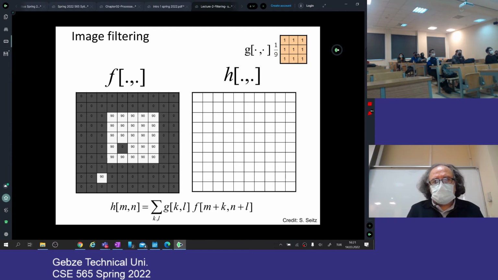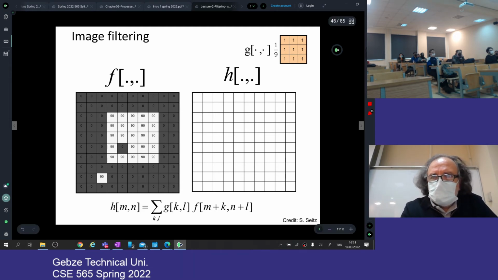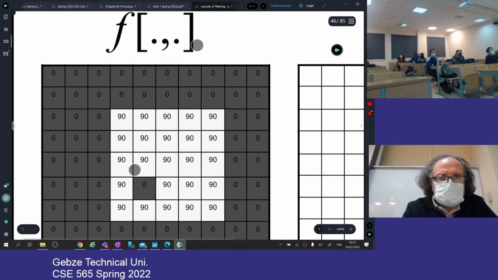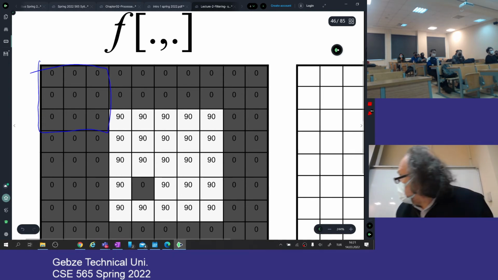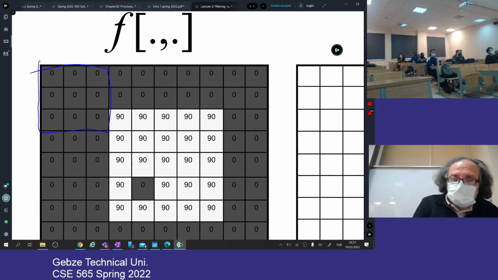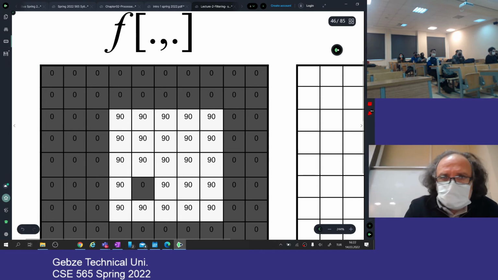Of course, the convolution. Let's do the corner first. It is all ones, right? Let's do this corner part. Can you see the color? Maybe the green is better.